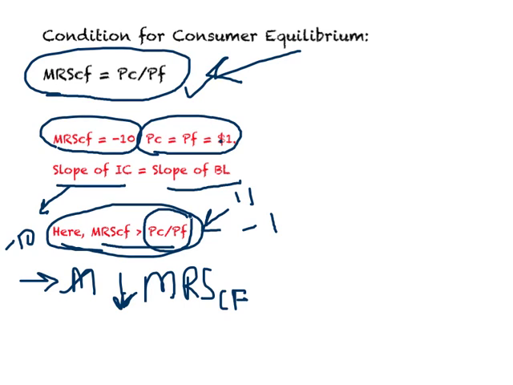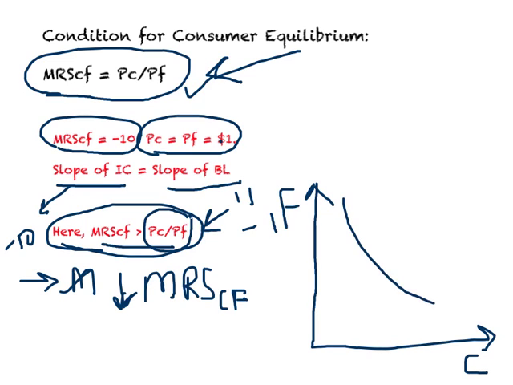And what is MRSCF? It is the slope of the indifference curve. Now look at this diagram that we have seen a number of times, and that is about the community indifference curve, and the curve is convex to the origin. And when it is convex to the origin, what this means is as you go down the curve, the absolute value of the slope diminishes, or in other words, the curve becomes flatter and flatter.